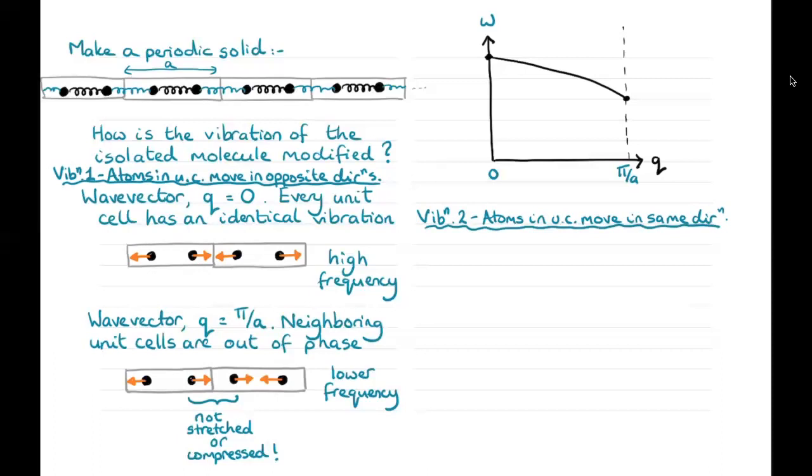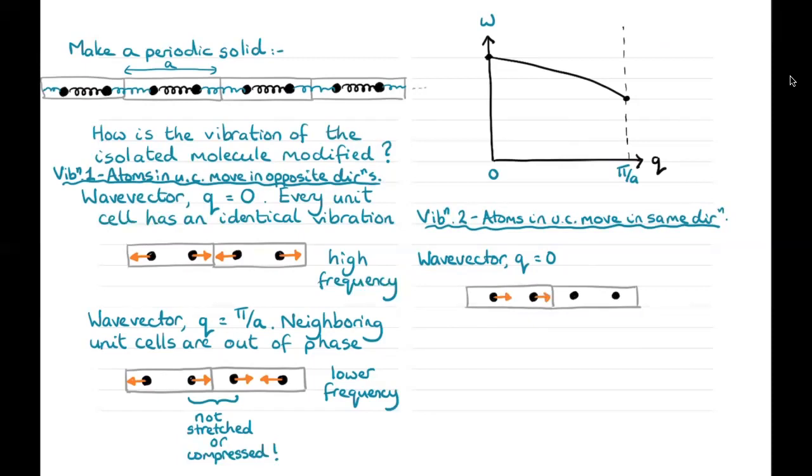And again, let's start at q equal to 0. Just for simplicity, we'll look at just 2 unit cells. Within the unit cell, our atoms are moving in the same direction.